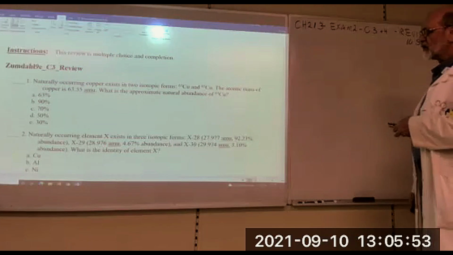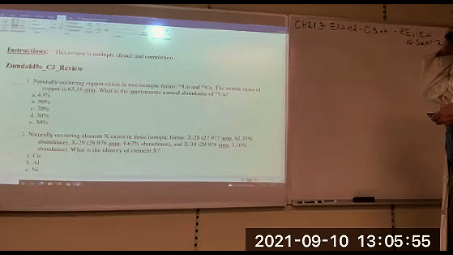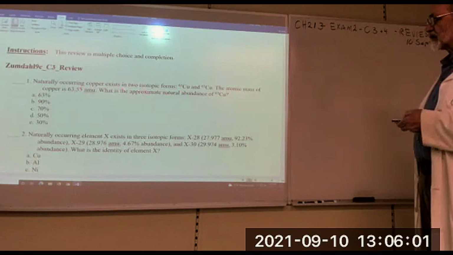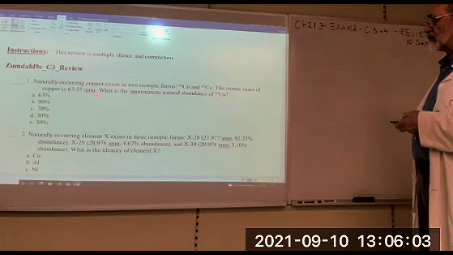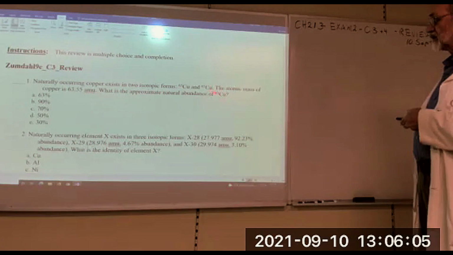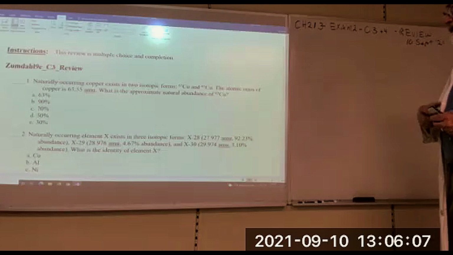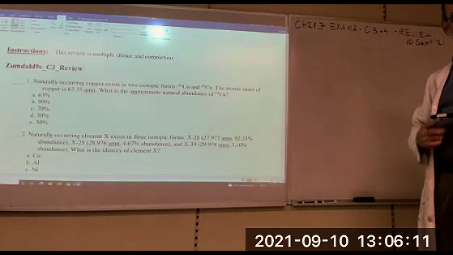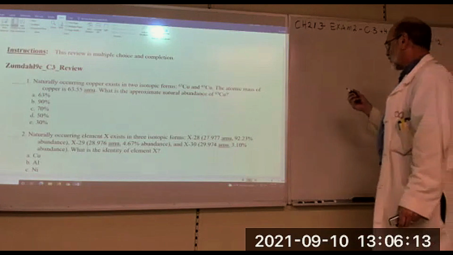Okay, do we have any trouble with this? The naturally occurring copper isotopes exist as these two. The atomic mass of copper is 63.55 atomic mass units. What's the approximate natural abundance of 63 copper? This is kind of working the weighted average in reverse. Remember the weighted average.